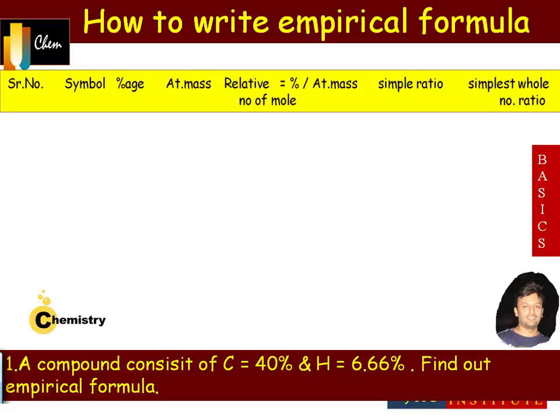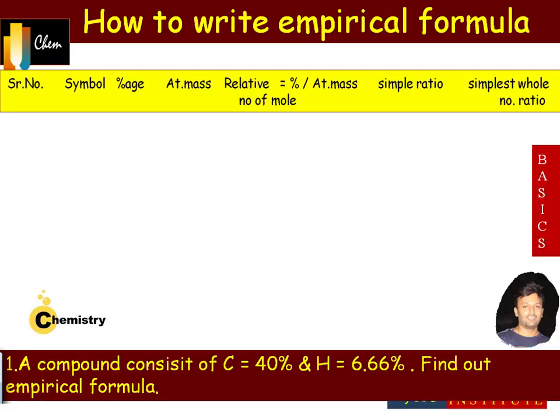The first column is serial number, then symbol, then percentage of elements, then atomic masses of elements, then relative number of moles, which is equal to percentage divided by atomic mass, then simple ratio, and in the last, simplest whole number ratio.